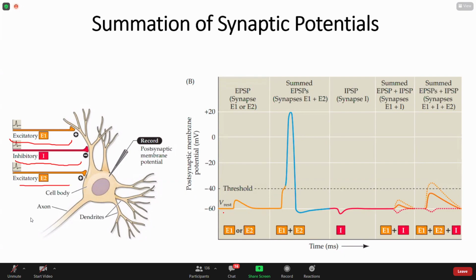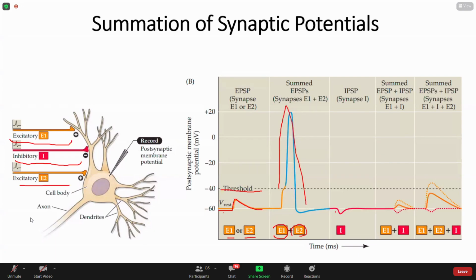One discharge from either excitatory 1 or excitatory 2 would generate a postsynaptic potential. But is it enough to take the membrane to threshold? It's not enough, so we wouldn't have an action potential. Whereas if we add the postsynaptic potentials from E1 and E2, we would bring the membrane to threshold to generate an action potential.